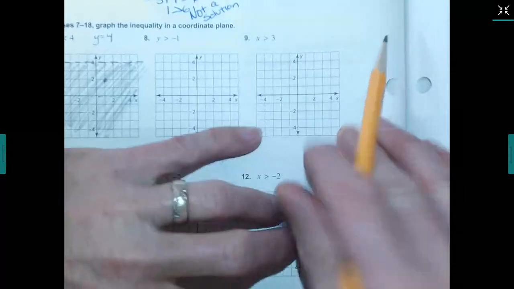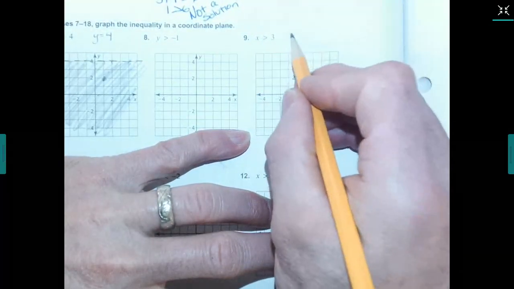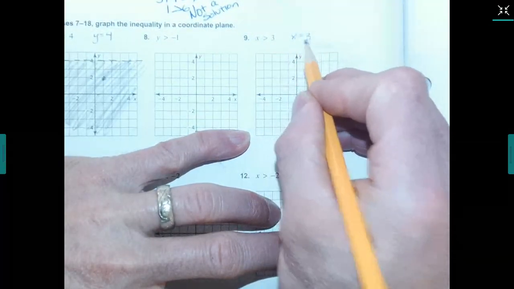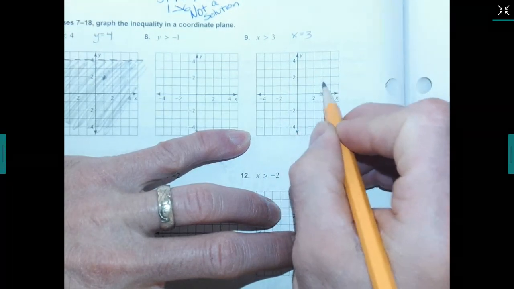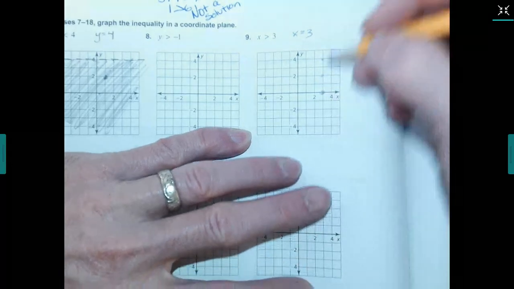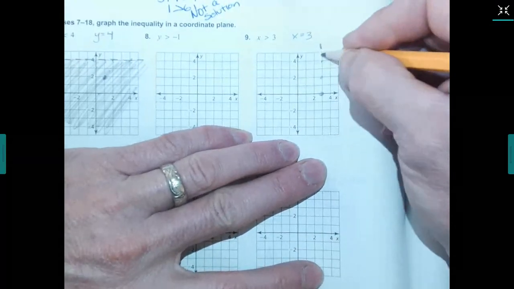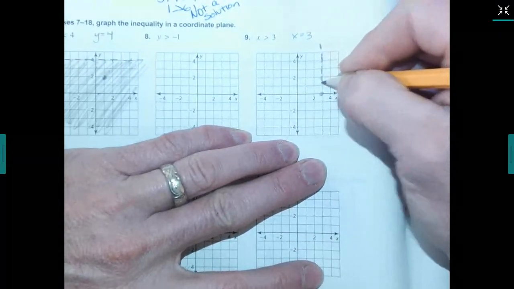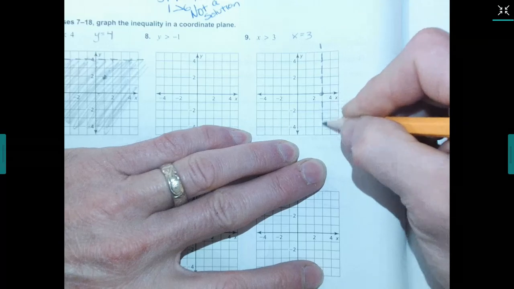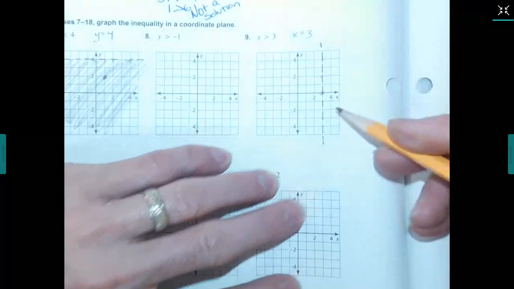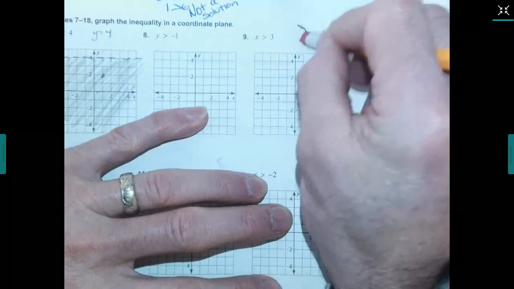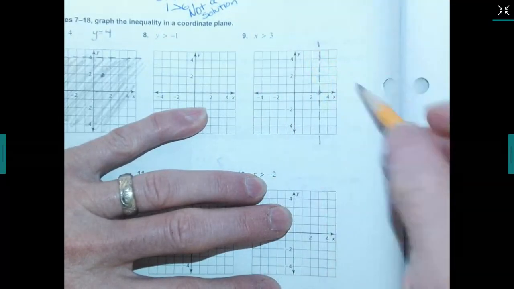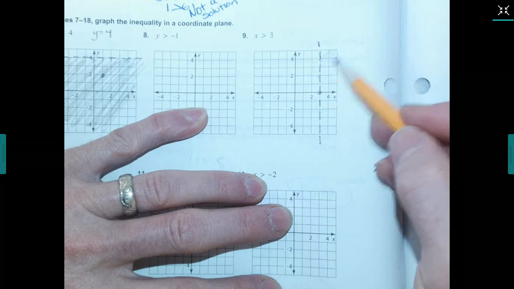Number 9, x is greater than 3. Well, if I had x equals 3, what it would look like is 1, 2, 3. X is always 3. So I'm going to have a dashed line right there. And then x is greater than 3, so I think it's going to be over here.